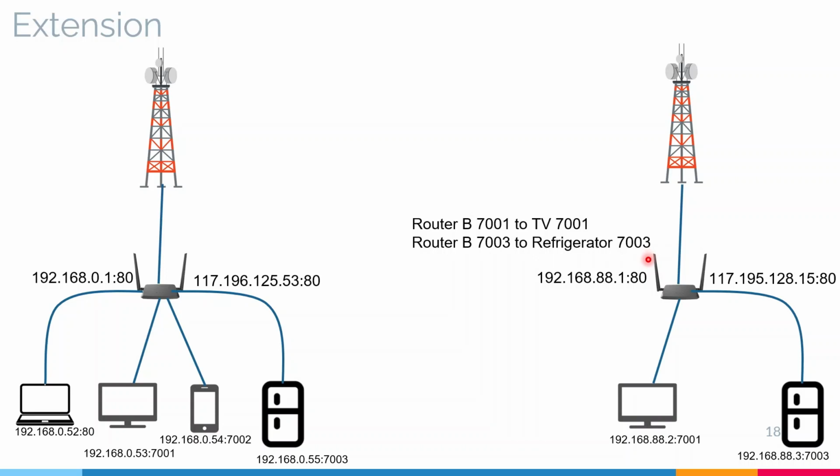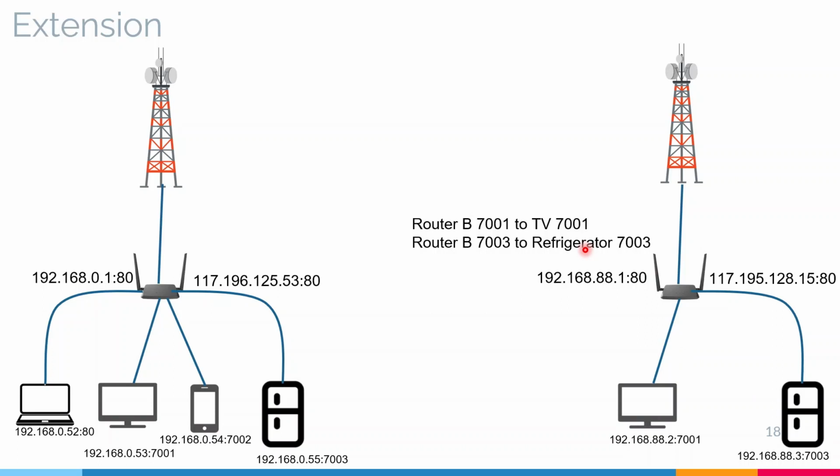We don't need to forward port 80 because there's no laptop here. We only have a TV and a refrigerator listening to ports 7001 and 7003. So this laptop needs to communicate with these two devices, right? So we need to forward traffic coming on 7001 and 7003 to the smart TV and the refrigerator respectively.